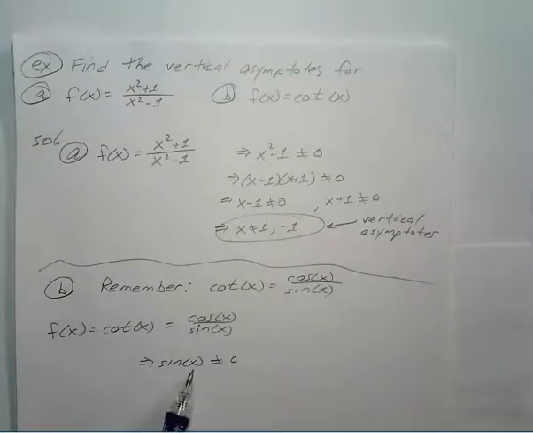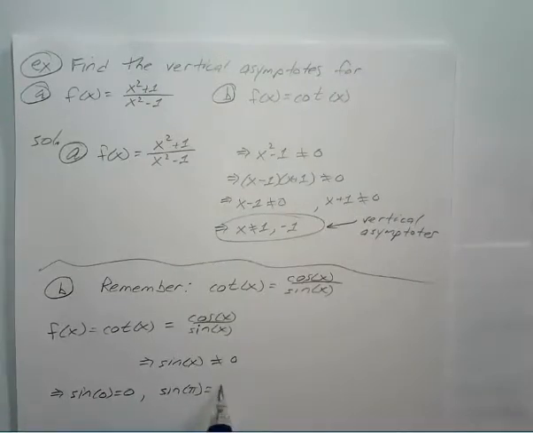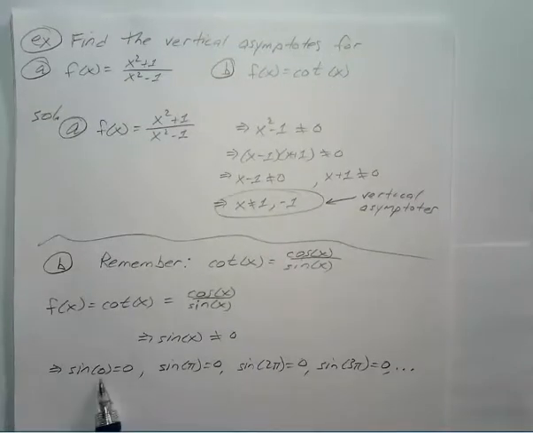Okay, so what values make sine of x equal 0? We know that sine of 0 equals 0, sine of pi equals 0, sine of 2 pi equals 0, sine of 3 pi equals 0, and so on. So we can see that we cannot let x equal any integer multiple of pi.